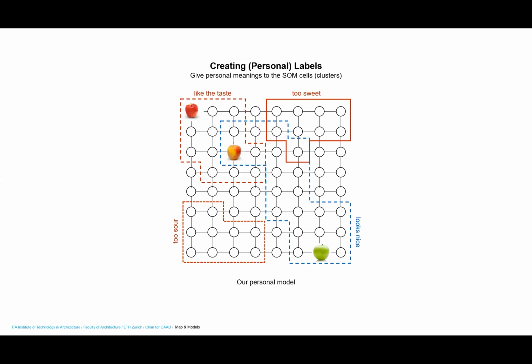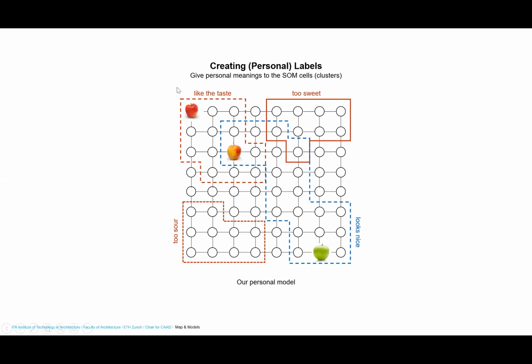Therefore, this makes it possible for us to add another layer of meaning on top of it. And the best thing is that these meanings can be personal. They don't have to be objective.